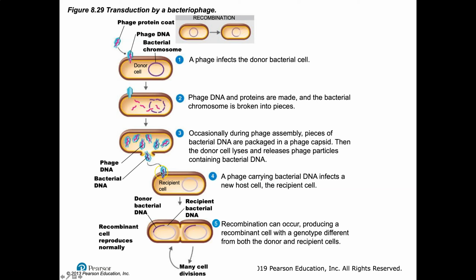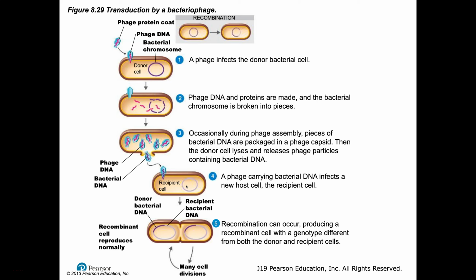And when the viruses leave and infect other cells, instead of infecting it with viral genetic material, it actually infects it with bacterial genetic material. And then the bacterial genetic material can get incorporated into the host genome.